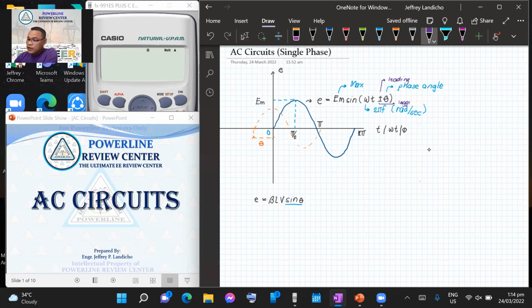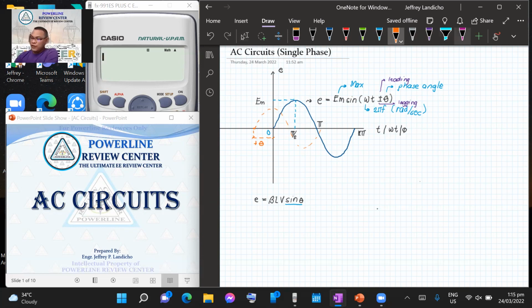So who is it leading, and who is it lagging? Since the phase angle is the angle between the waveform and the origin, by comparison, which came first? Our waveform or the origin, our x and y axis? In this case, our waveform came first. So for this instance, the phase angle should be positive. It represents that it starts before the x and y, or before the origin of your Argand's diagram.